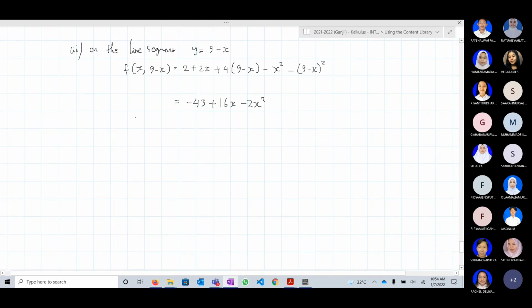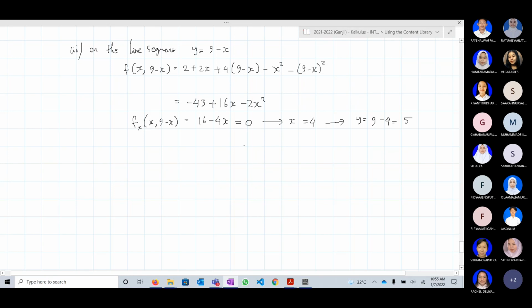Then in this case, we find that f_x of x comma 9 minus x is basically 16 minus 4x. We make it equal to 0. Then in this case, we find that x is equal to 4, which means that y is equal to 9 minus 4, which is 5.